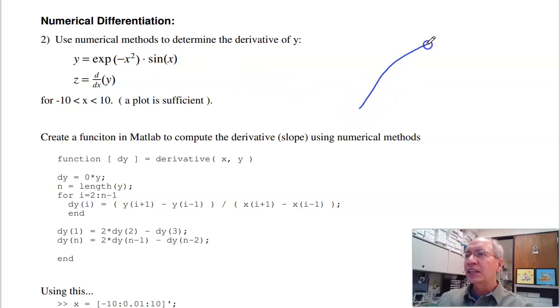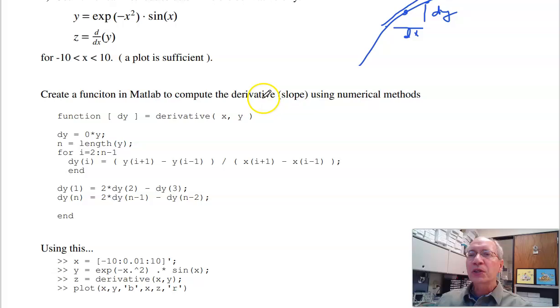And the idea is if I have a function like this, the derivative at any point is the slope. So take the point after and the point before. Take the change in y over change in x. The ratio is dy/dx, or the slope, at this point. So here I'm going to create a function in Matlab called derivative. I pass it two vectors, x and y.